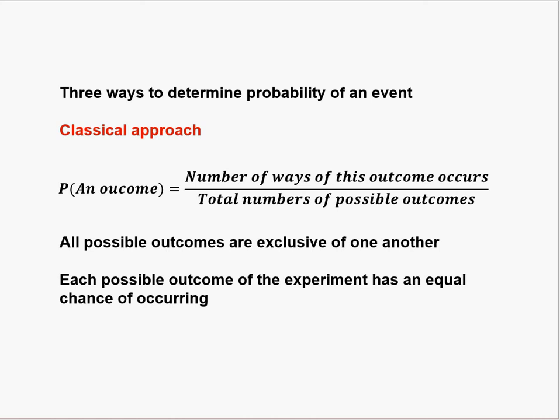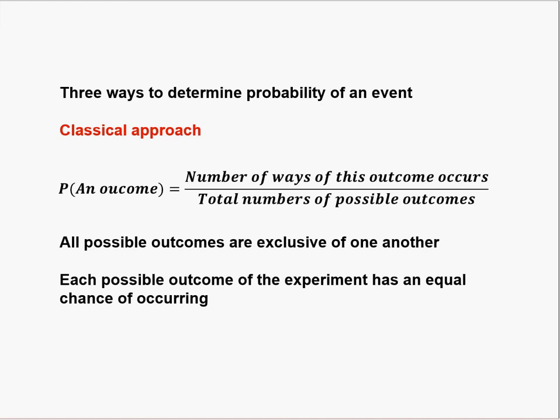Now, when we come to probabilities, there are three different ways to determine or calculate the probability of a particular outcome from an experiment. First, the so-called classical approach. The classical approach calculates probability by using the total number of possible outcomes from an experiment and the number of ways a particular outcome occurs.